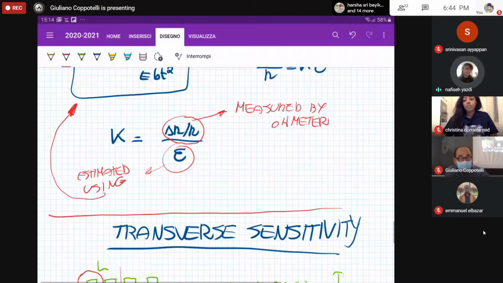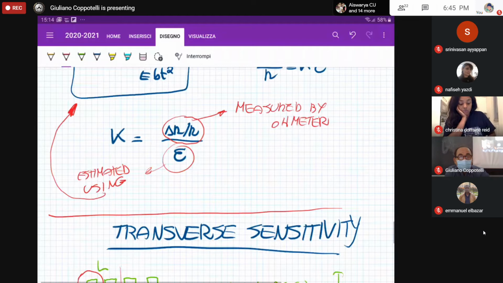Sorry, Professor, would you please explain briefly again transverse sensitivity? Yes. By referring to the general equation for the strain gauge measuring, that should appear here in the classroom in a few seconds, hopefully. We are assuming that we are having a long cable, okay?